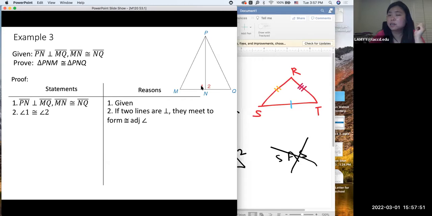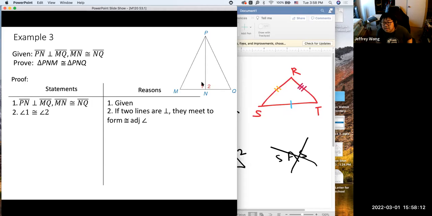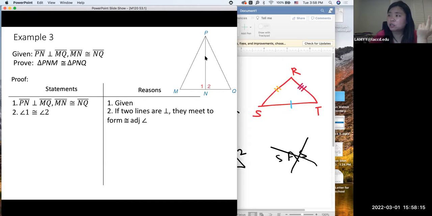I need one more side. Which one? You want to use SAS, right? Side, angle, side. I do have the side, MN equal to NQ, and I do have the angle, angle 1 congruent to angle 2. What is another side? MP, PN. Good. Are they equal to each other?